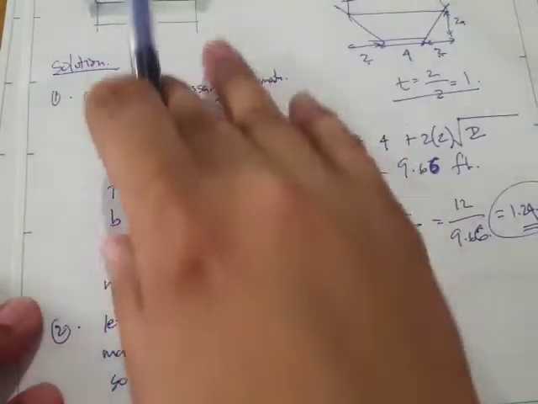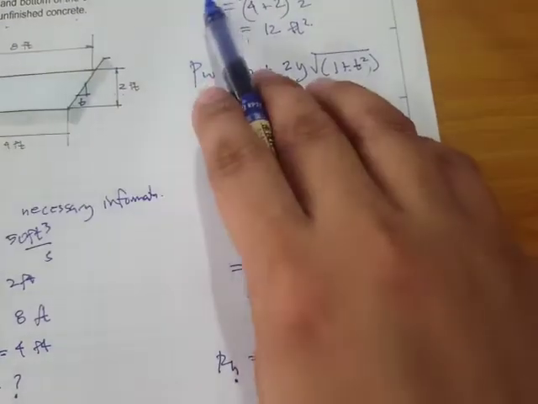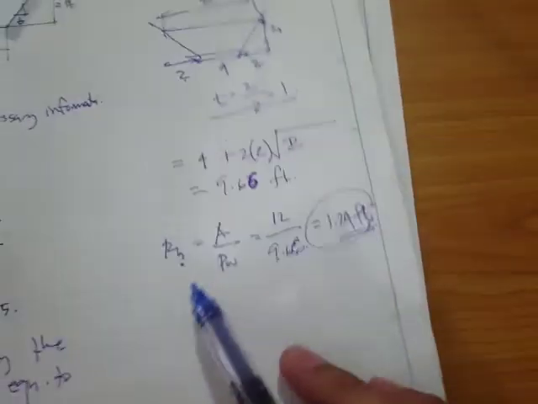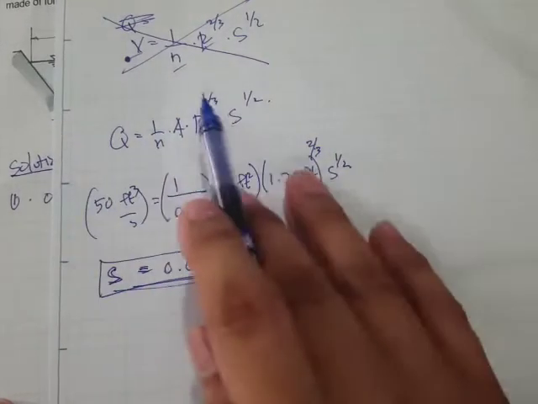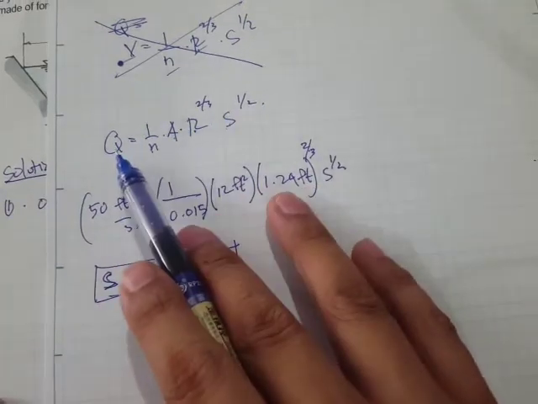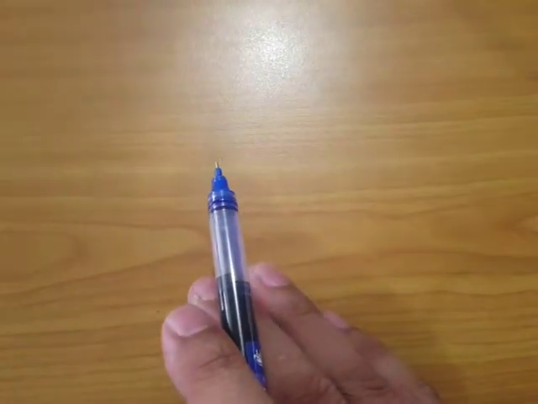We solve the area, we solve the wetted perimeter, and then we can solve the hydraulic radius. And if you have all that, then you can apply the combined flow rate and Manning's equation. Okay, so I think we still need to do another problem, but we'll just do that in the next video.